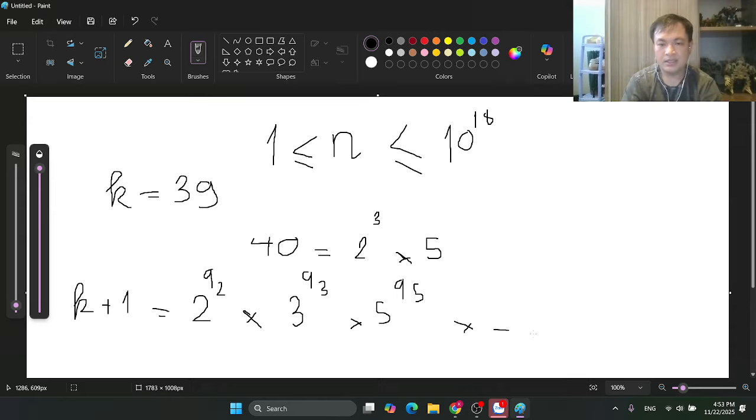So Q2 will be equal to 3. Q3 will be equal to 0. Q5 will be equal to 1. Then repeat the process. So you will find Q2, Q3, Q5, Q7, and you will find k plus 1. So when you have the result, you will find k.